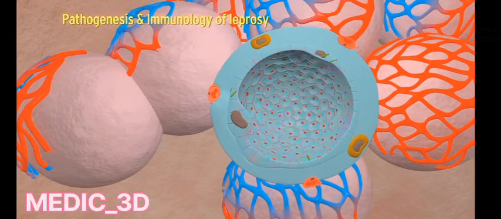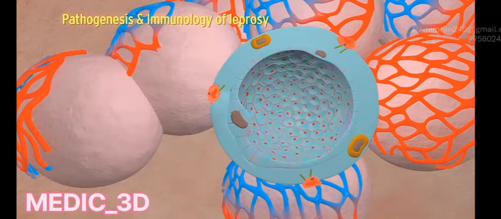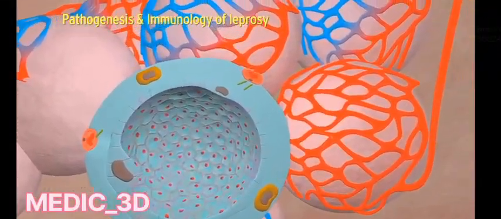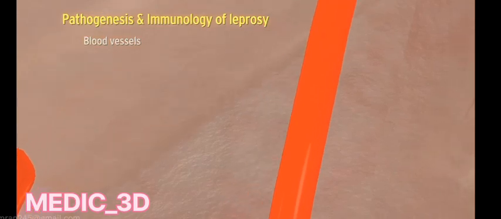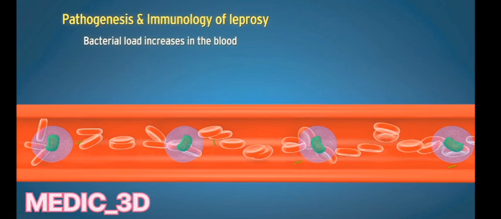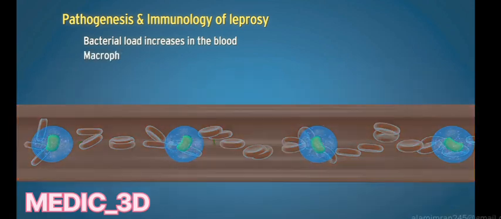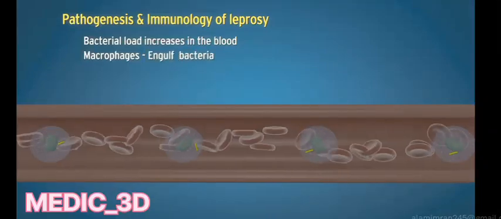Once the invasion of the respiratory epithelium occurs, they cross the basement membrane and the underlying connective tissue in order to reach the blood vessels. Once the bacterial load increases in the blood and infection is recognized by the immunological system, inflammatory cells such as macrophages reach the site and engulf the culprit bacteria.